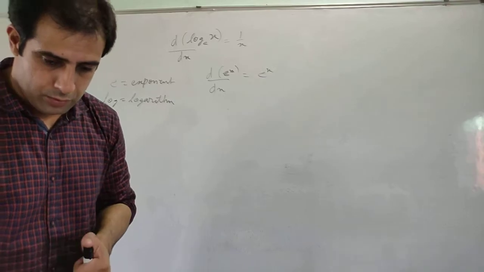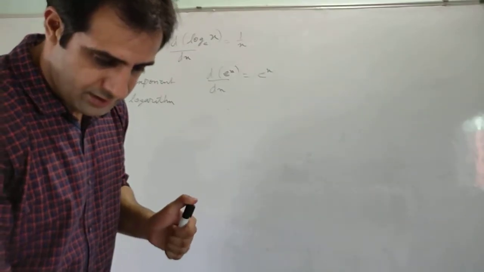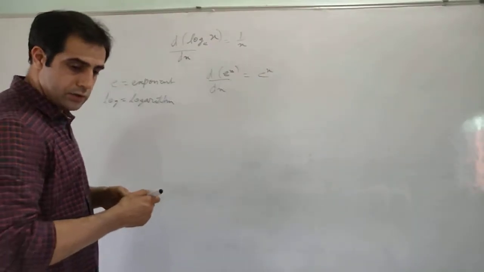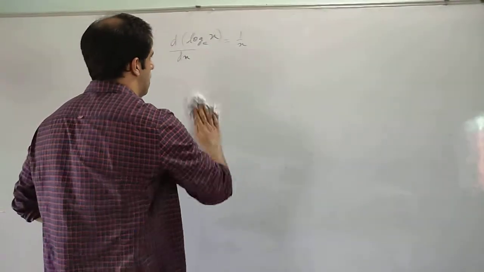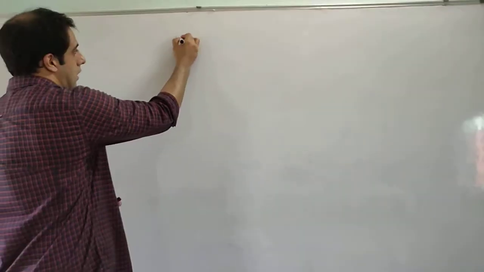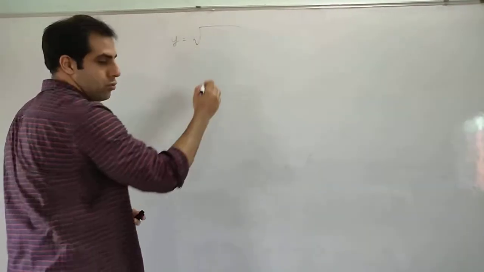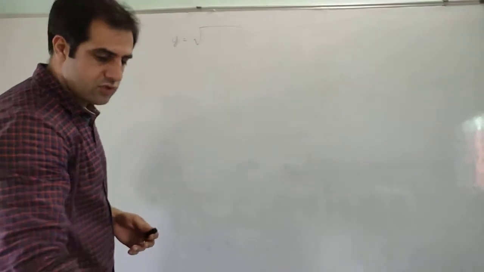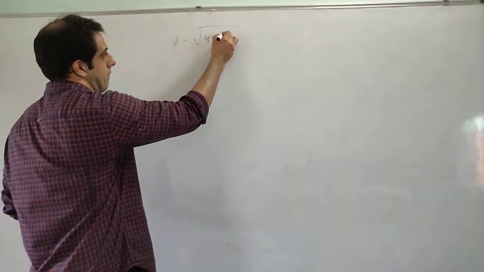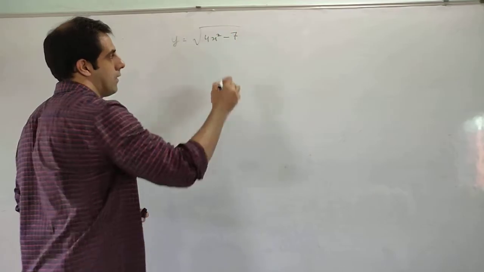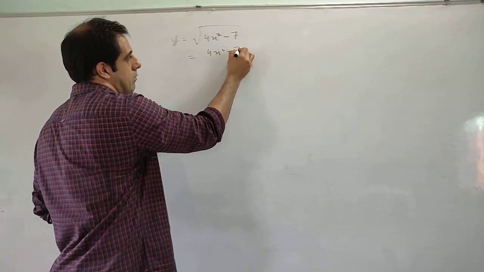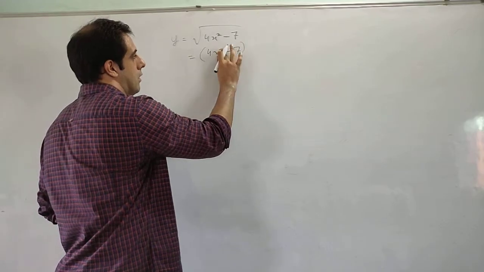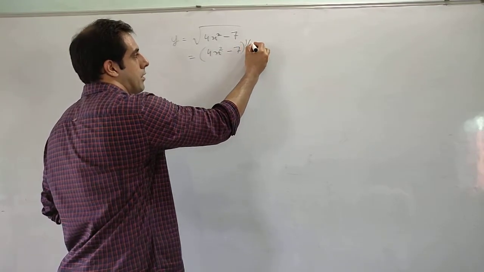Let us do one more example. Let us do y equals root of 4x square minus 7. This can be written as 4x square minus 7 to the power 1 by 2.